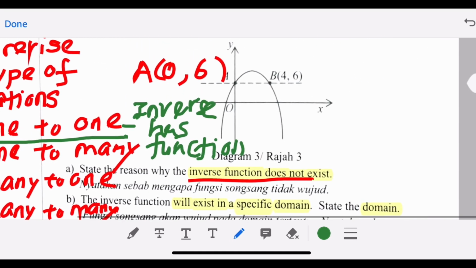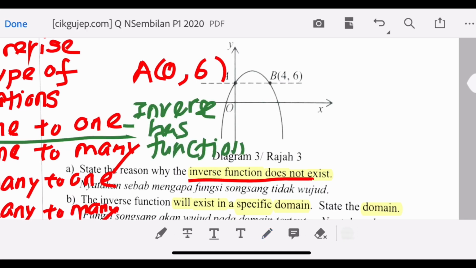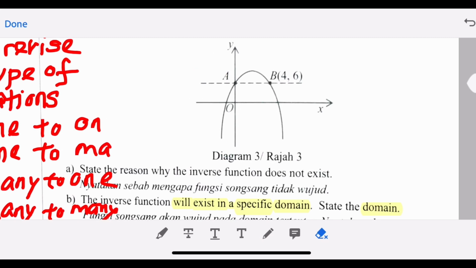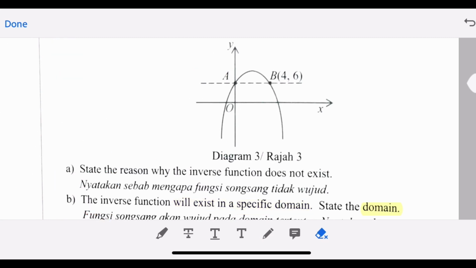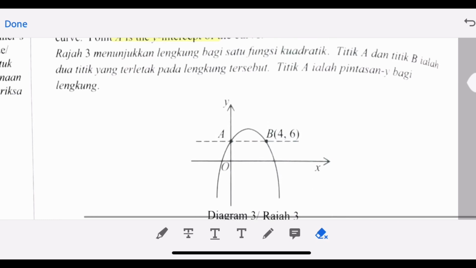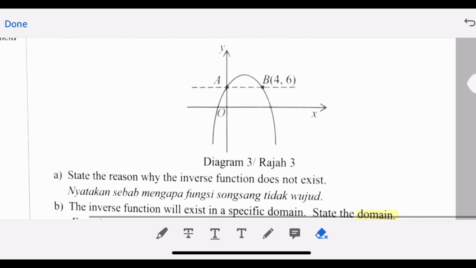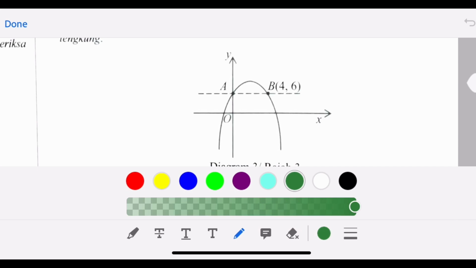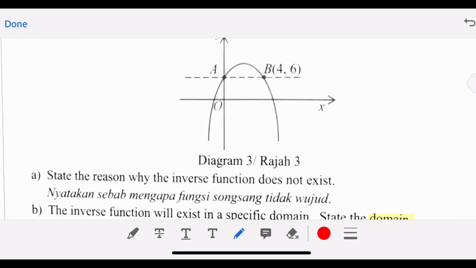So let's see this graph or this function. Does it belong to one-to-one, one-to-many, many-to-one, or many-to-many? Now, I would like you to take out the ruler and draw the horizontal line test, and you will see that the curve, when you draw a line, has 2 points of intersection.